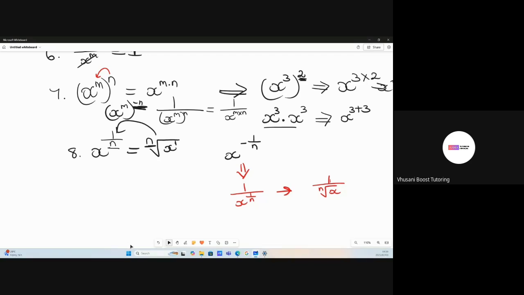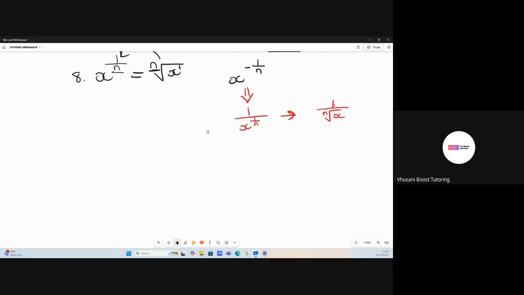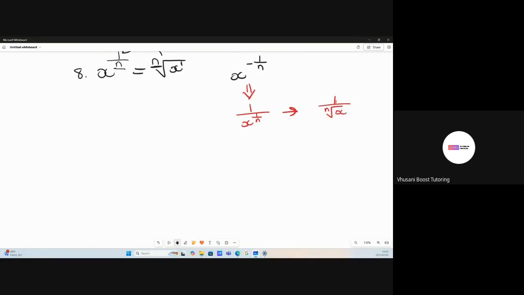And that's it. Now I'm only going to do 2 more and then we can move on. I feel like you guys are 100% with all of these, and then we will head on to rationalizing the denominator. So, number 9: if you say the nth root of x multiplied by the nth root of y, what happens over here is we have something in common.